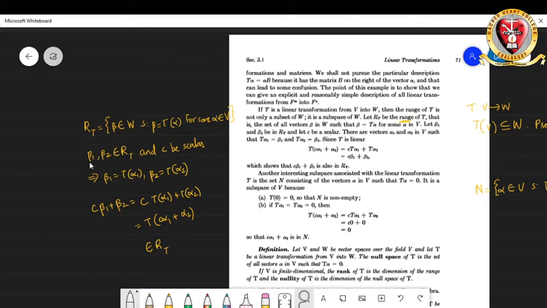Then the two elements beta 1 and beta 2 can be written as T of alpha 1 and T of alpha 2 for some elements alpha 1 and alpha 2 in V, right?